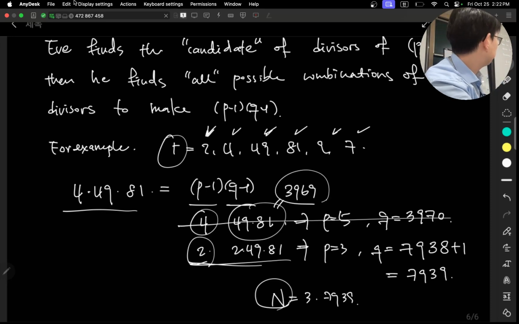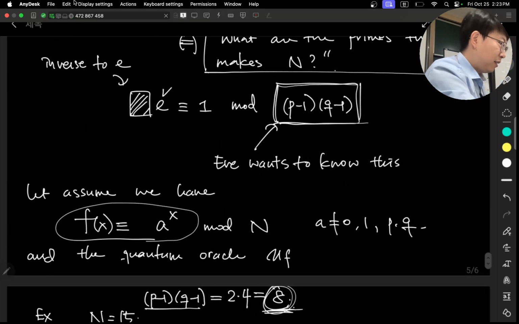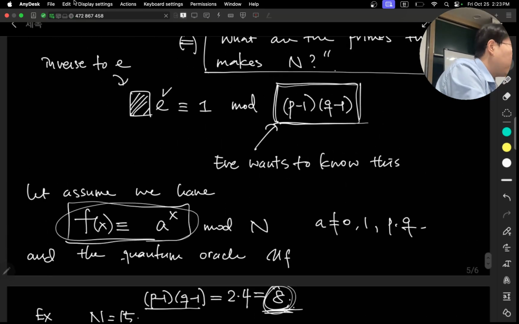Also, if you already have a simulator, there's one thing that you can implement on your simulator. In order to simulate Shor's algorithm to find the period, the one thing that you have to fake is the quantum oracle of this function.